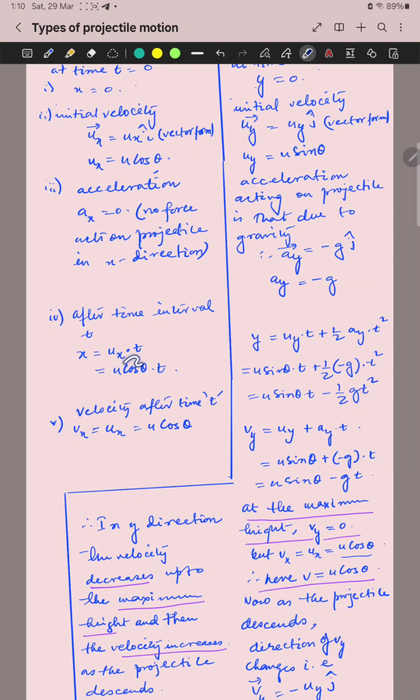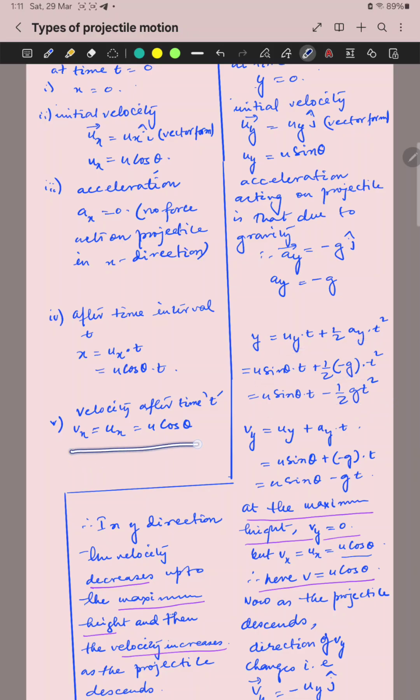X will be ux multiplied by time. We substitute ux with u cos theta multiplied by time, and the y coordinate will be obtained by using the second equation of motion. In place of uy we write u sin theta, in place of ay we write minus g, and that gives the y coordinate of the position of the projectile after time t.